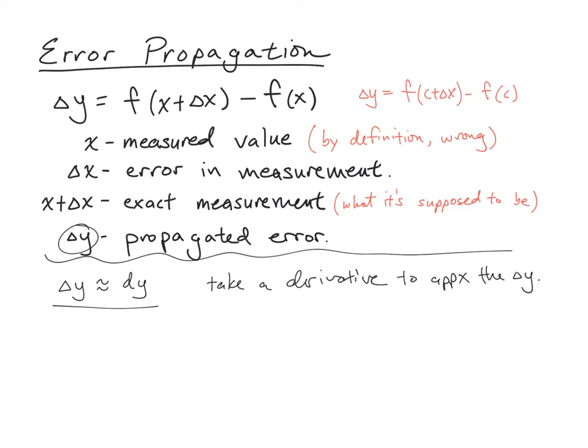So we will be using dy equal to the derivative times dx, which in this case we will know what the dx is. It is equal to the delta x that we will be able to pick out in the actual example. All right, so let's take a look at how we can do this.